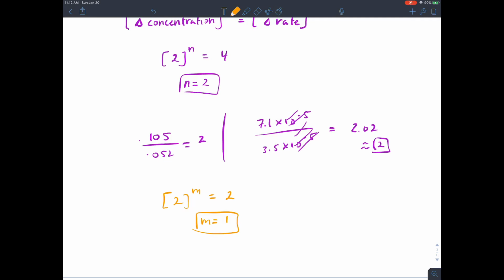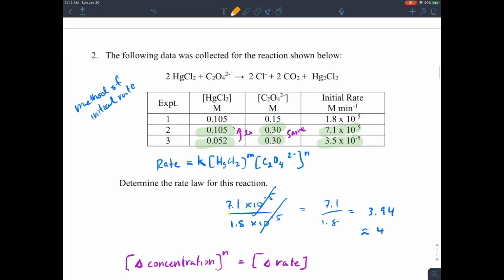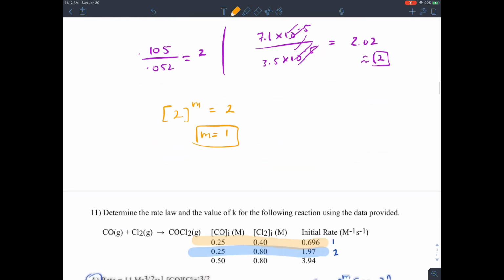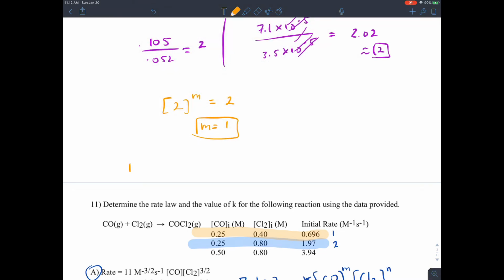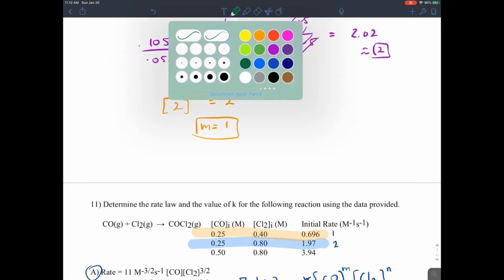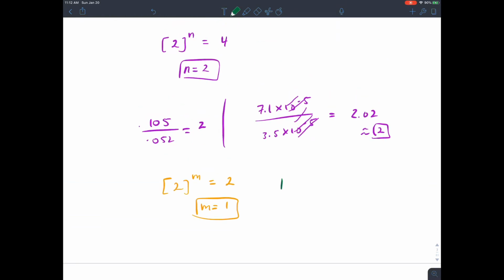So I know my orders here. Now I can actually solve for my overall rate law. Let's do that really quick. Let me put this in a different color. My rate law is going to have some arbitrary rate constant, so k. And it would be that times HgCl2 to the m power, which happens to be 1 in this case.